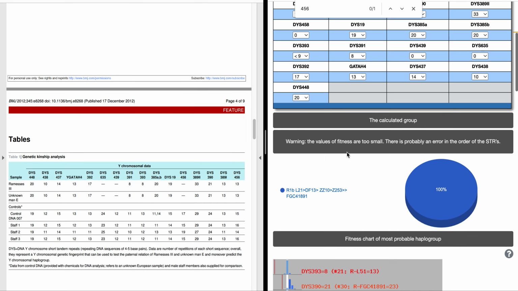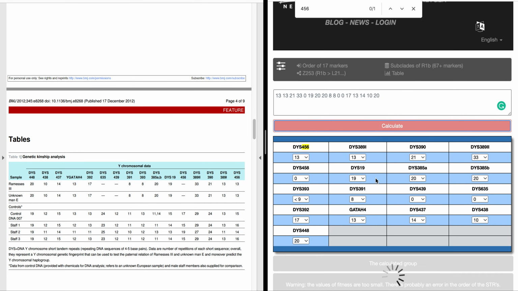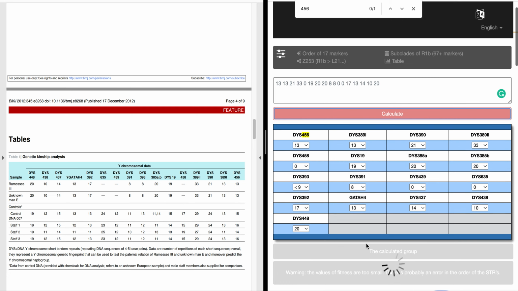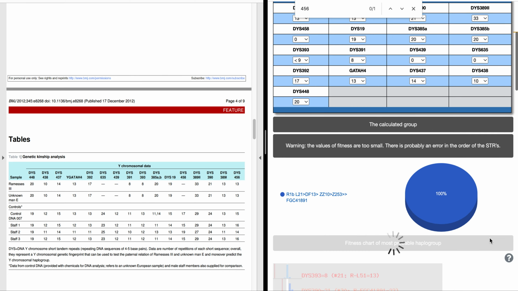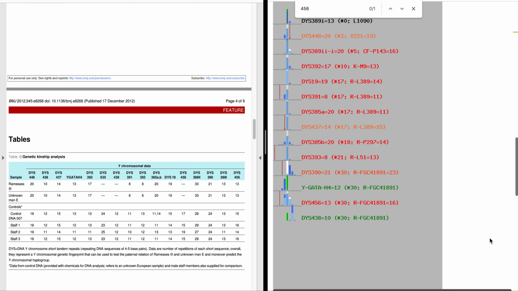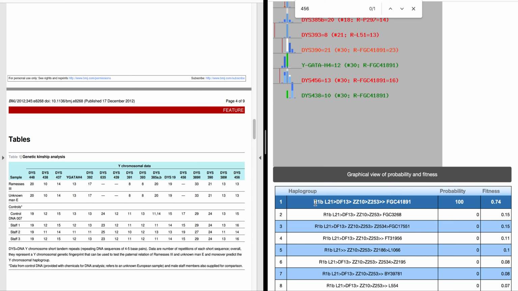Let's do that one more time; this will be our third time. We got the same exact score, probability 100 for R1b FGC41891 in the SNP Z253.